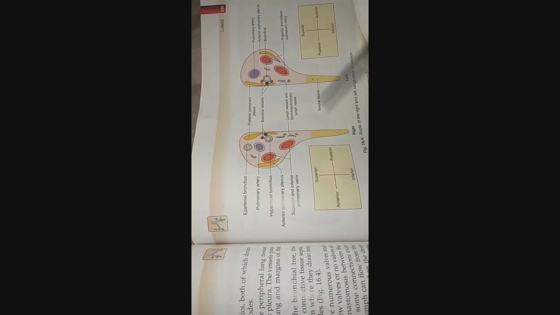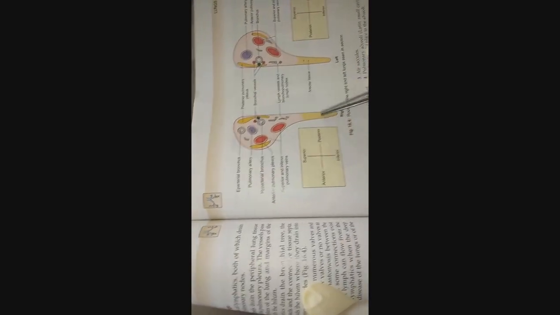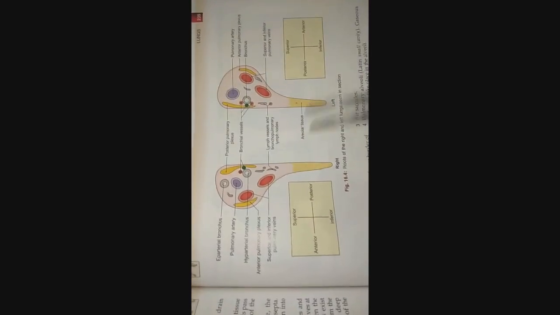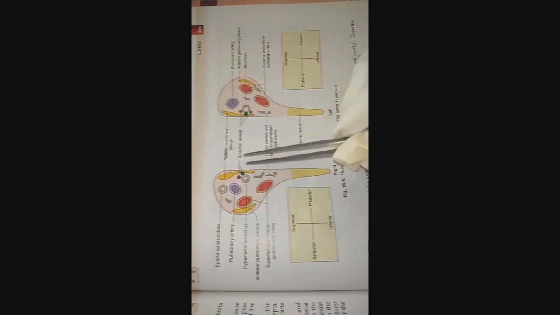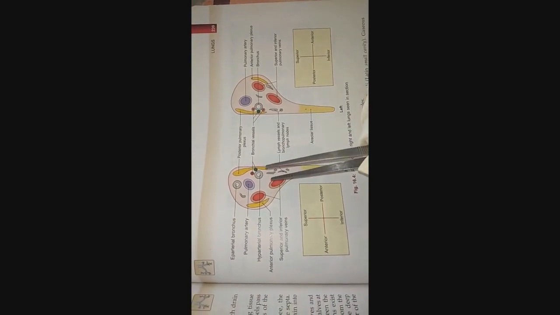See, this is the book picture showing the root of the lung, and this lower part is the pulmonary ligament. This is the right side root of lung, and this is of the left side. You can see from anterior to posterior side, the structures are similar in both sides.